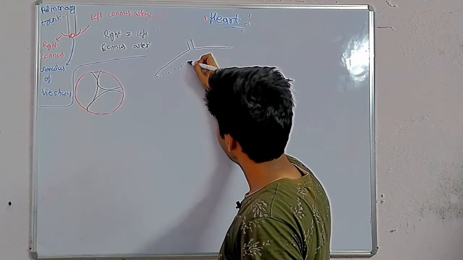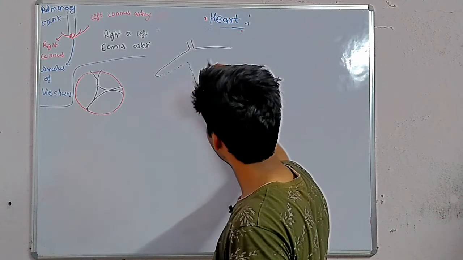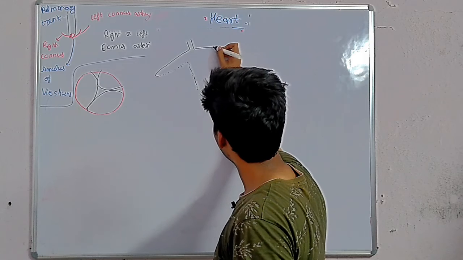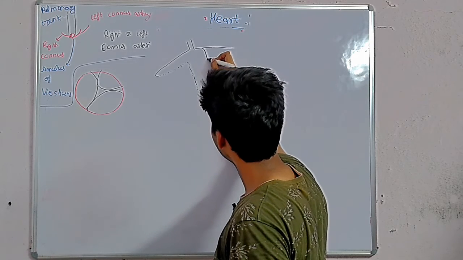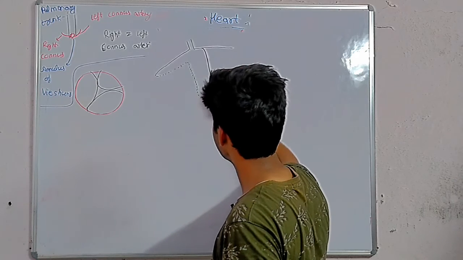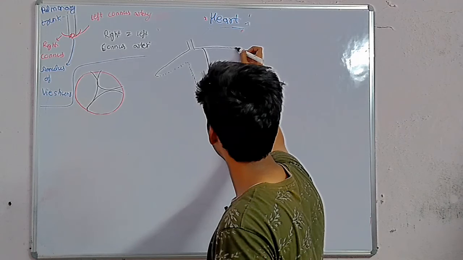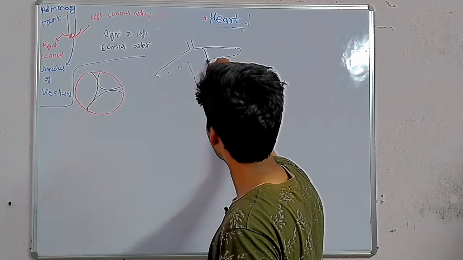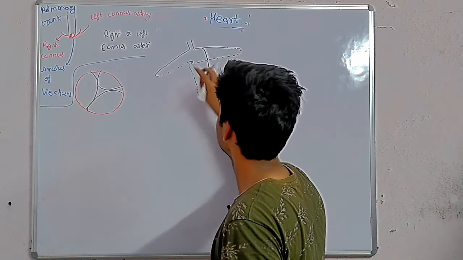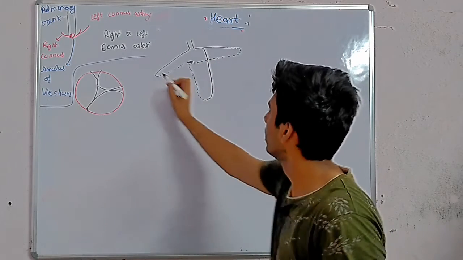Posteriorly, the right gives the posterior descending interventricular artery, and anteriorly the left gives the LAD. These also form an anastomosis posteriorly near the apex, and the circumflex artery goes posteriorly and forms an anastomosis with this. This is the whole arterial circulation.